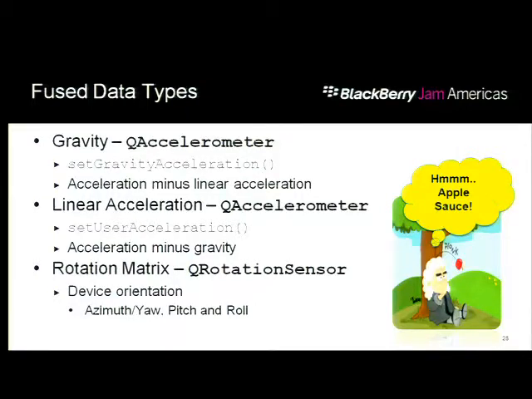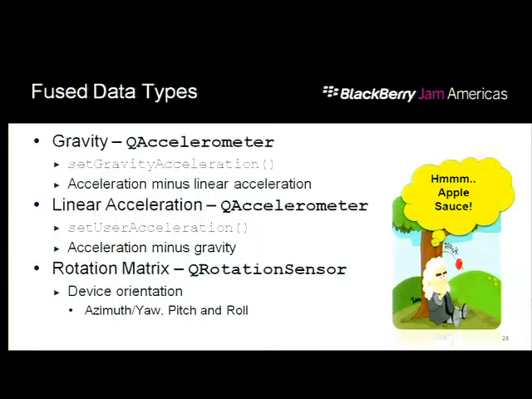If you want to remove user acceleration and just want the gravity, you can set gravity acceleration to true. From that point on, you're only going to get the actual gravity, mostly 9.8. You don't need a sensor for that, but its value changes, right? If you're at a higher altitude, it's going to change.